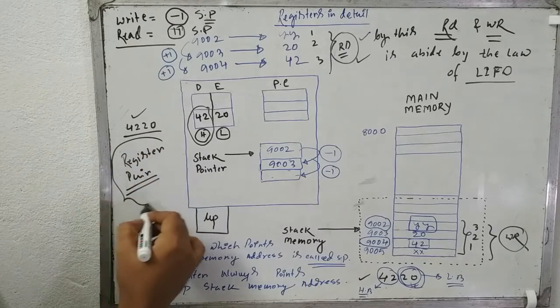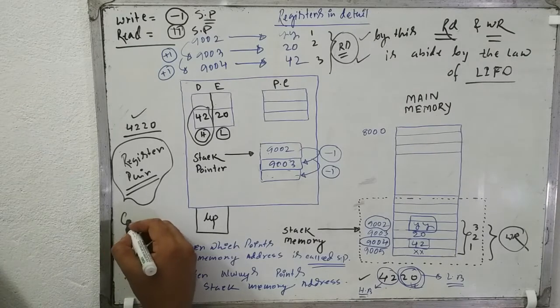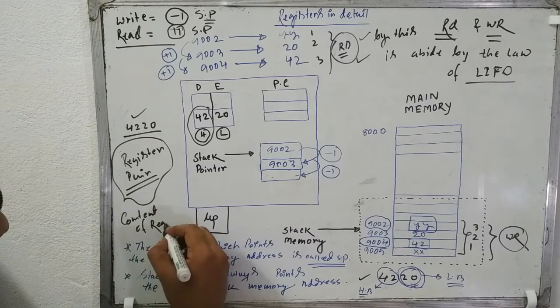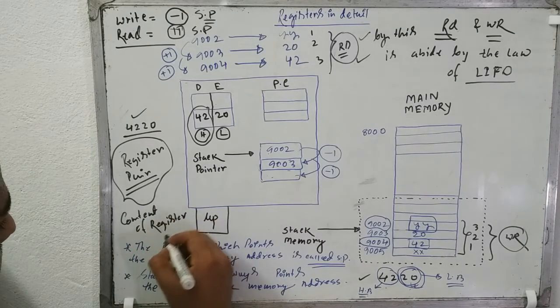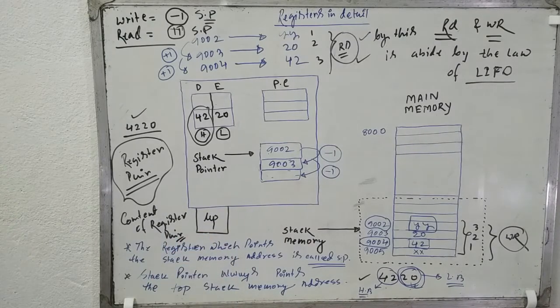That could be data, that could be an address, but it will always allow the content of the register pair, and will not allow the content of a single register. So these are the basic features about the stack pointer.